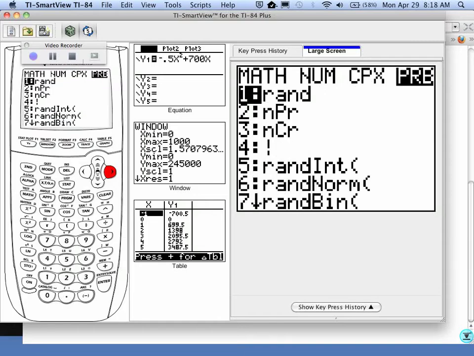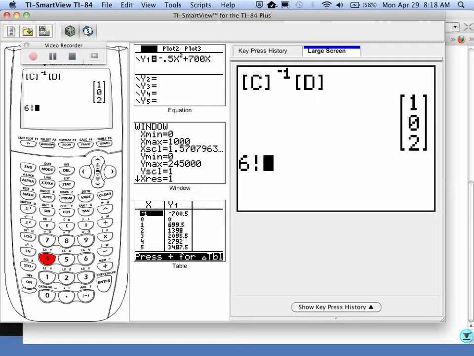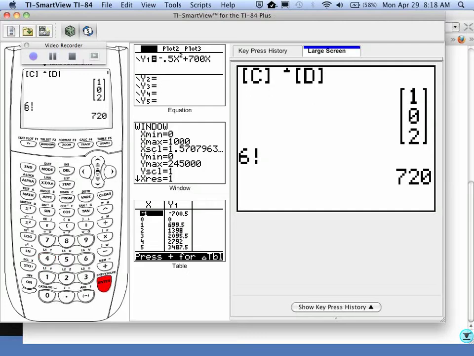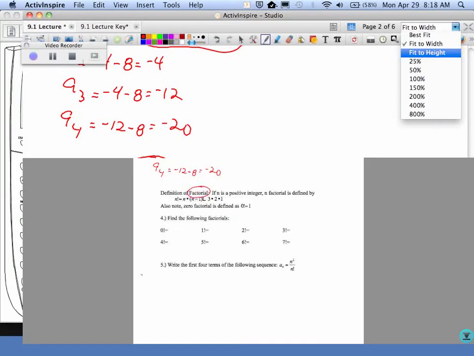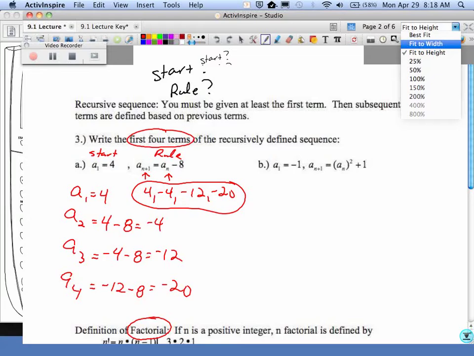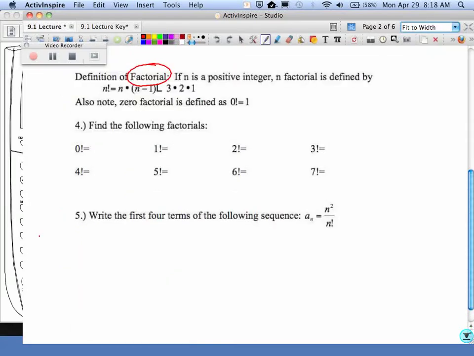What is it doing? It took 6 times 5 times 4 times 3 times 2 times 1. You multiply all those together and you get 720.